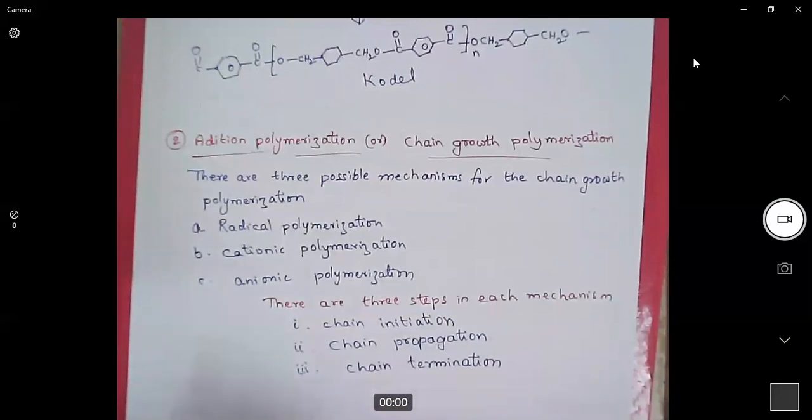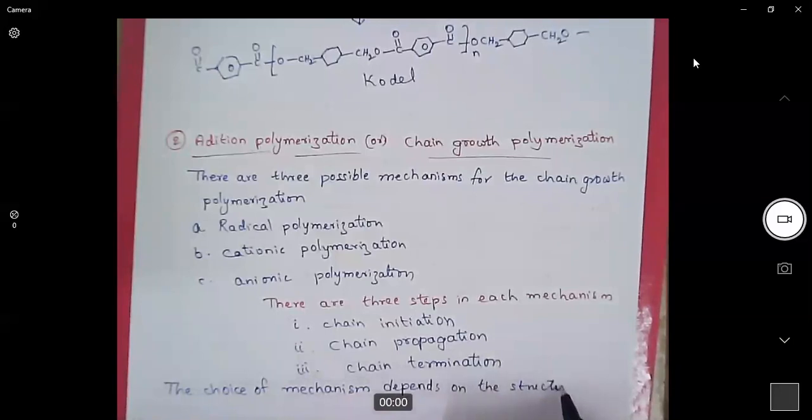Now, the choice of mechanism, that means whether we need to go for a radical polymerization reaction, a cationic polymerization reaction, or an anionic polymerization reaction, depends on the structure of the monomer and the initiator used to activate the monomer.